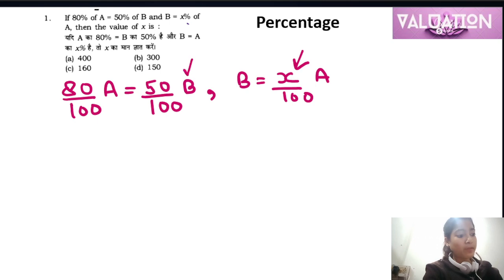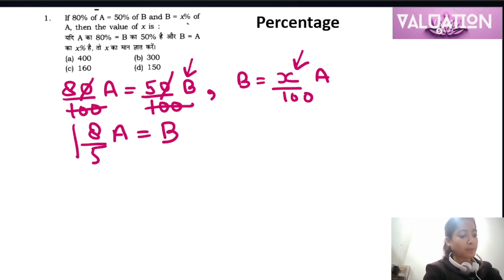So from here we can find the value of B first. This 100 will cancel out, this 0 will cancel out, and we will get 8 divided by 5, A is equal to B. We are getting this from the equation.